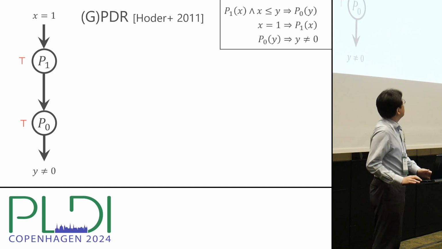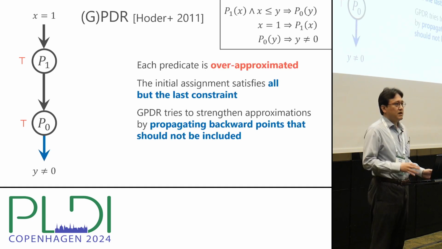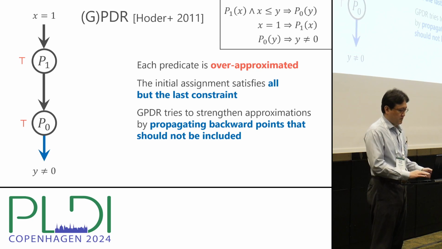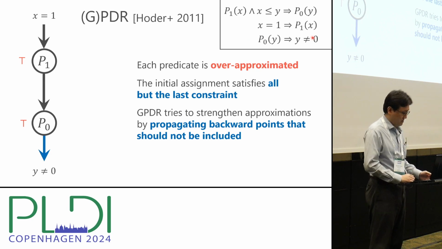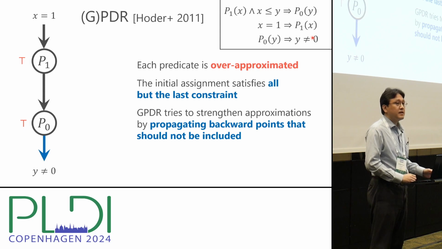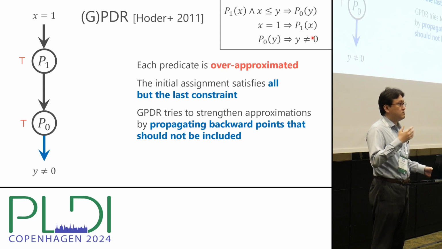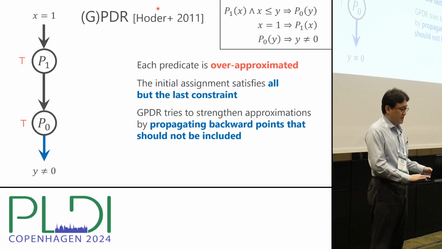GPDR maintains some kind of over-approximation for each predicate variable, which is almost a solution, but does not meet exactly one constraint. GPDR tries to strengthen this assignment so that it finally satisfies this last condition as well.